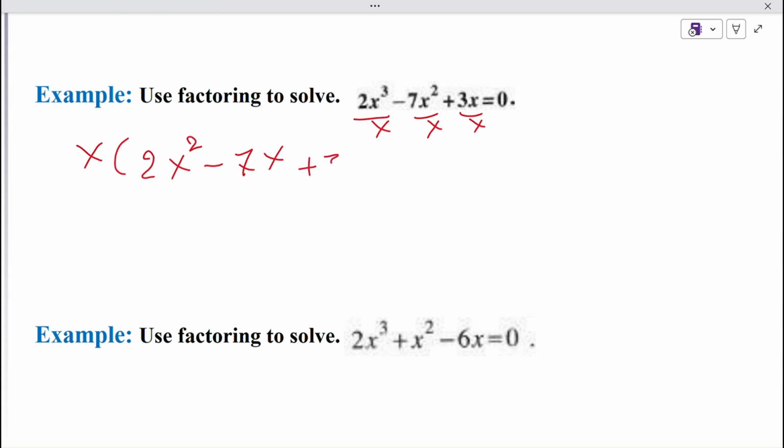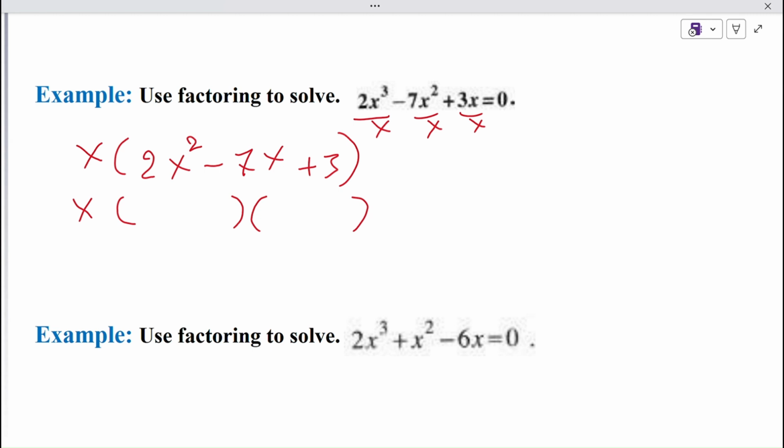Plus 3. Okay, now we will write down this x. Then for here we have to factor it again. Here we have 2x² minus 7x plus 3.